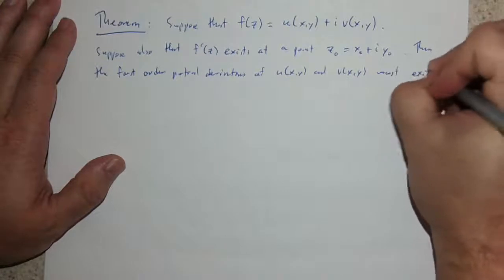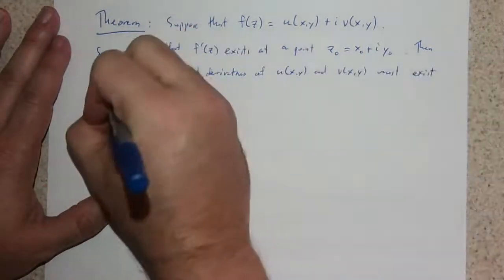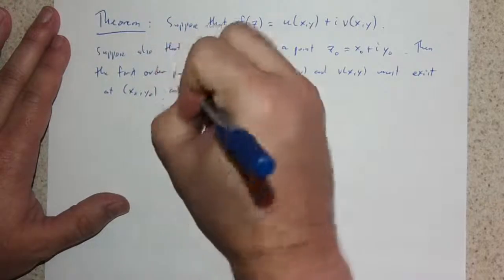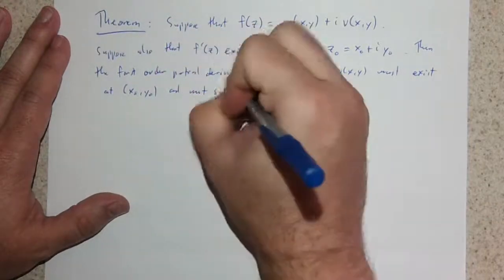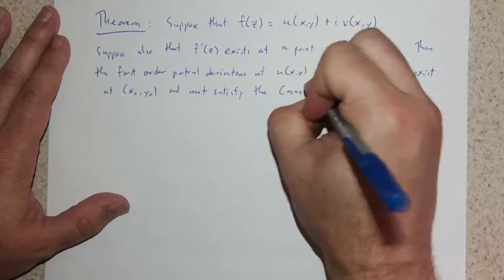So that's all of them, right? The x and y partials here. They must exist, sorry, at x naught, y naught, and must satisfy the Cauchy-Riemann equations.